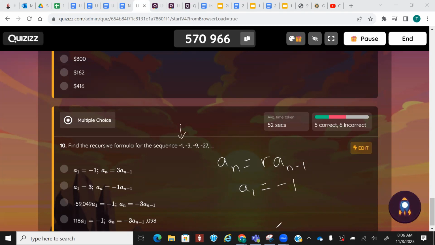Okay, so you're going to type -1 in there. For your R, it's what you're multiplying by each time. So what are we multiplying by? 3. So we're going to plug in a 3 here. So which one of these does that work for? That one. Recursive formula is not designed to be difficult. You have to know what you're plugging in. It's just your R and your A sub 1.